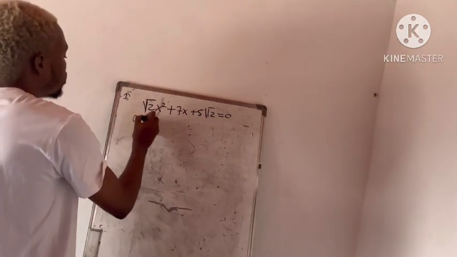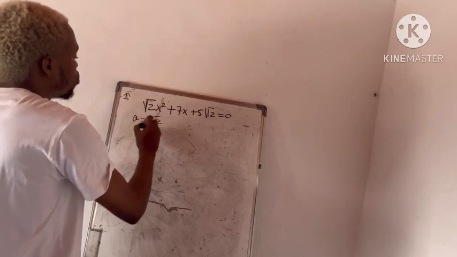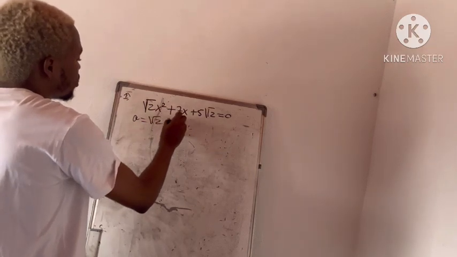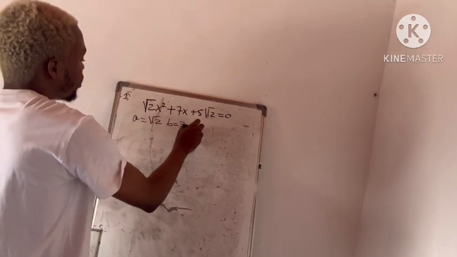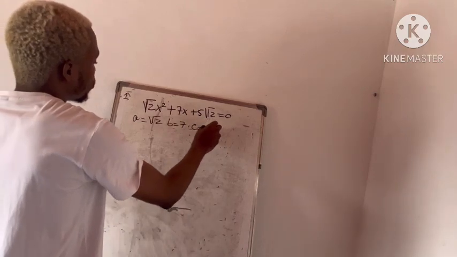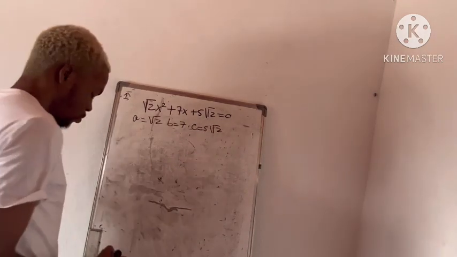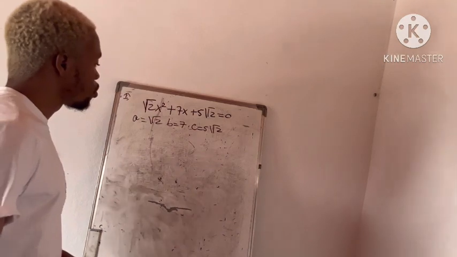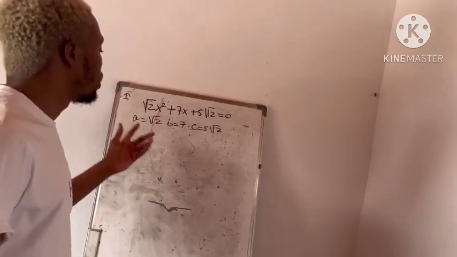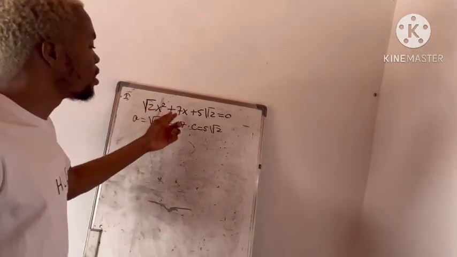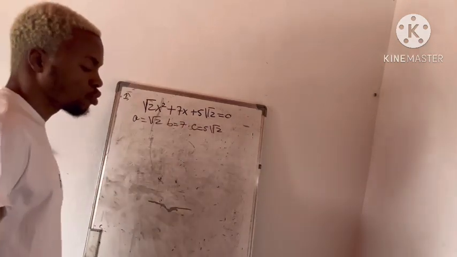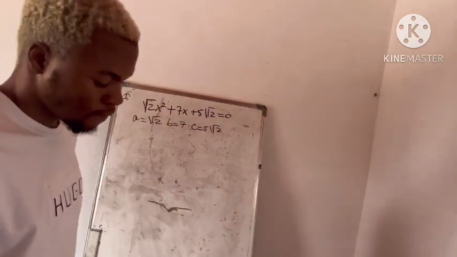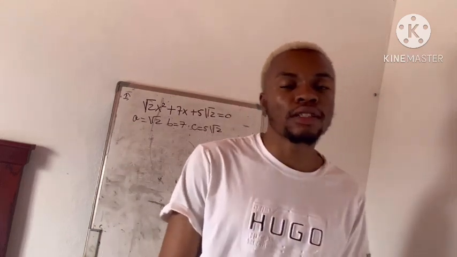The a there is square root of 2, the b there is 7, and the c there is 5 root 2. So as I said before, the a there is root 2, the b is 7, and the c is 5 root 2. Now we have to identify what's our AC.